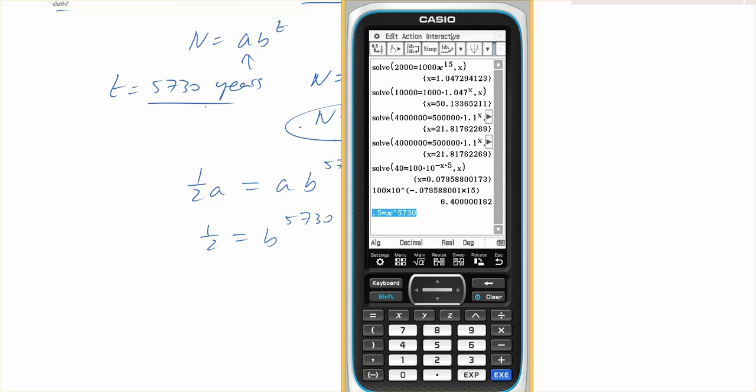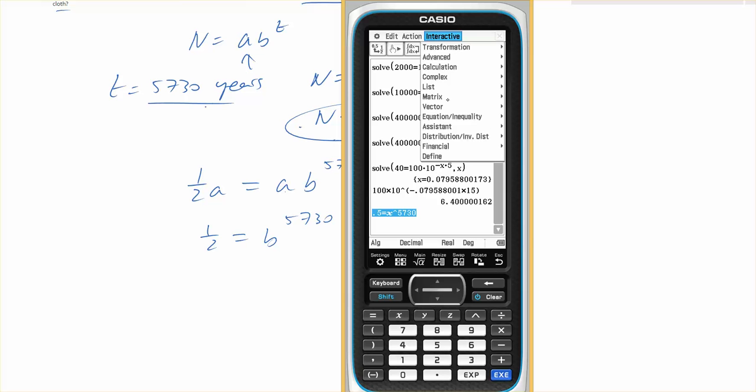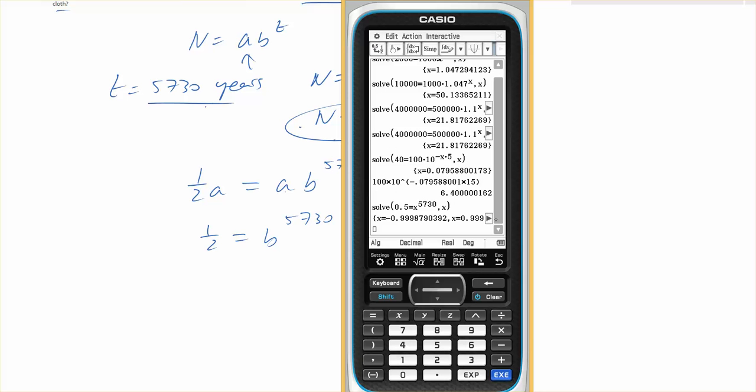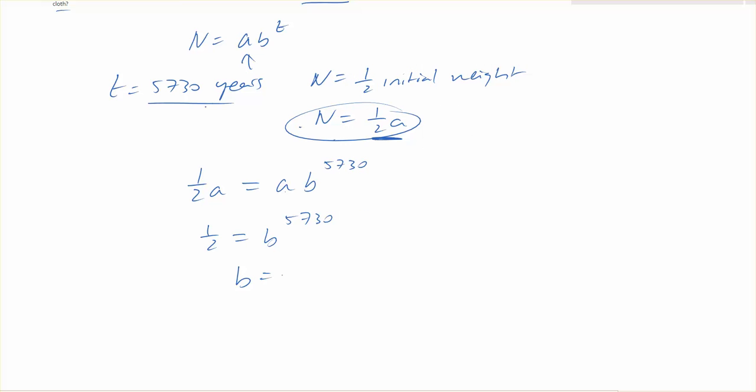All I'm doing is solving for this. So, advanced solve, and I get my b value to be 0.999879. Okay, so b equals 0.999879.